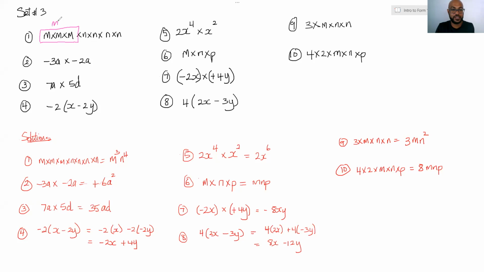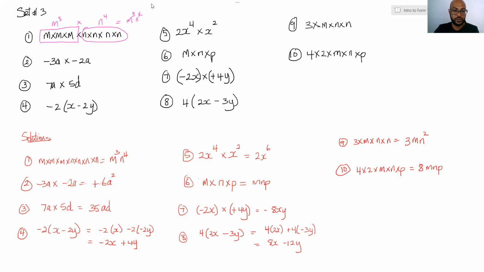So this gives us m cubed, and for n, there's 4 of them. When you multiply these two together, remember with multiplication you just join those letters together. That gives us m cubed n to the power of 4. It's not very difficult.